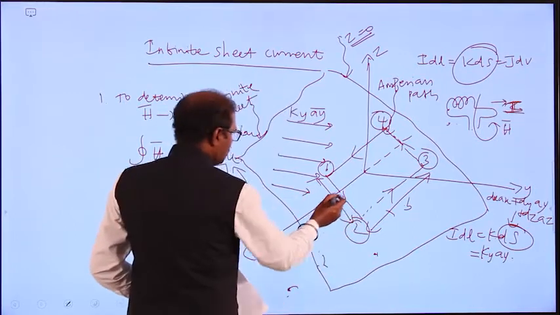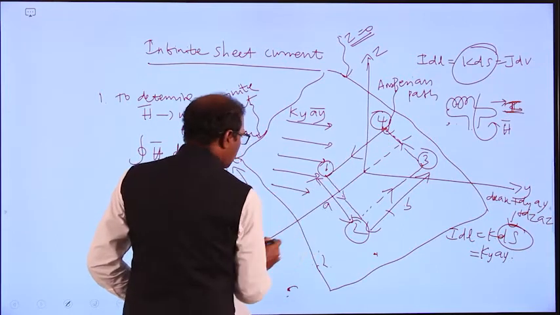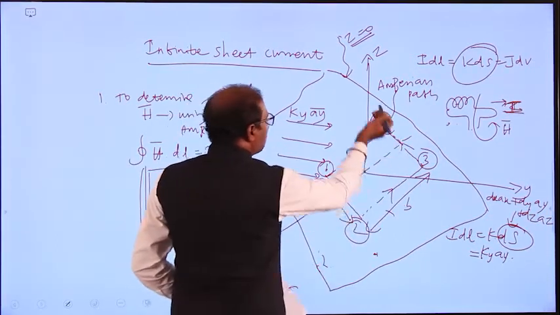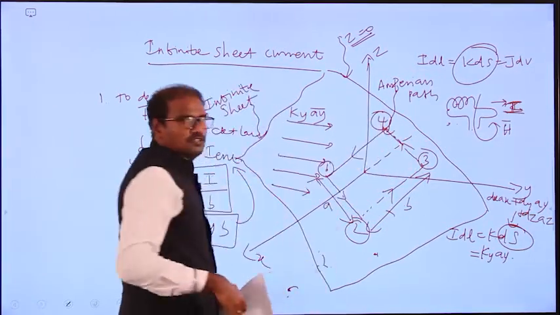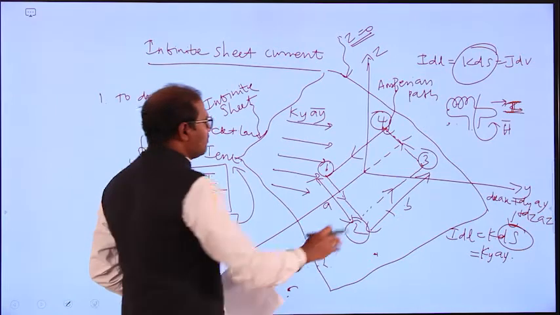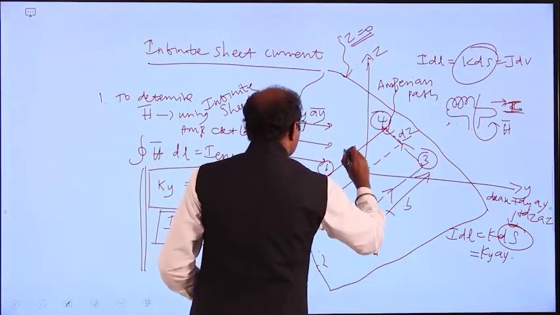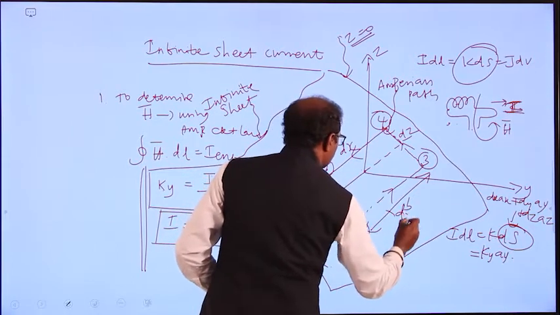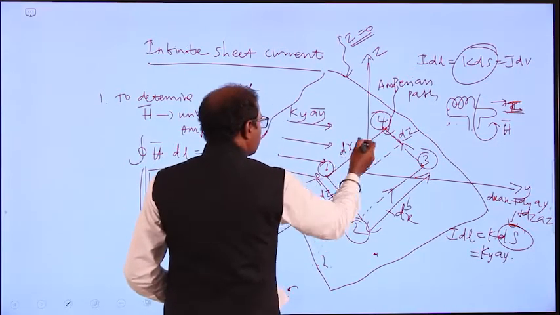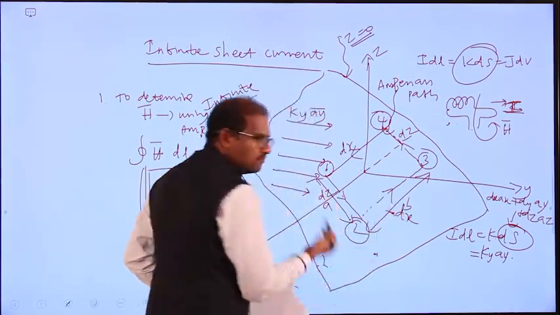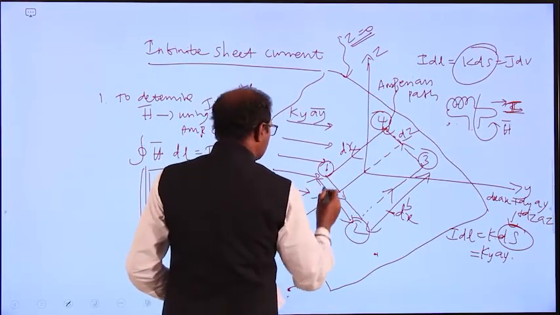This line means the dx component. This component means the z component. This height will come vertically; you can imagine it vertically. This will be the dz component. This is called dz, this also dz. This is called dx, this is called dx. This is plus dx, and the bottom is minus dx. Above is dz, and this is minus dz.